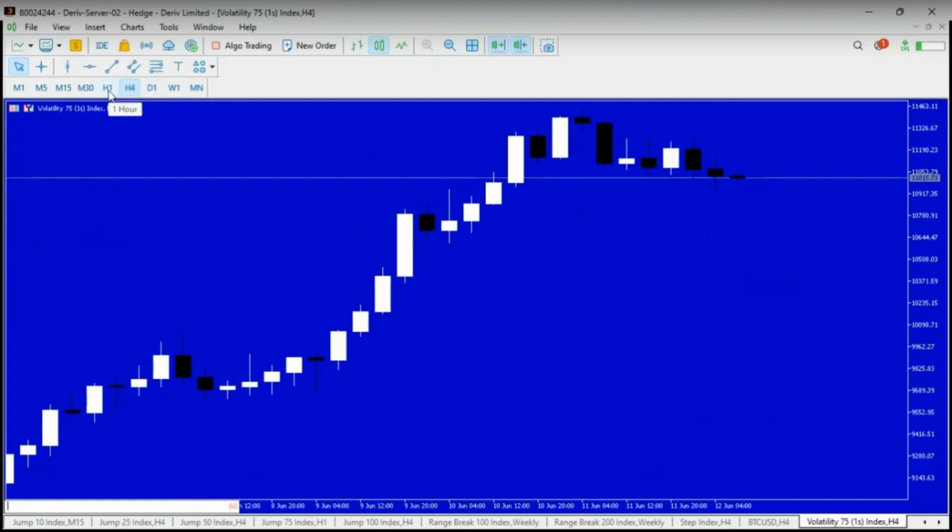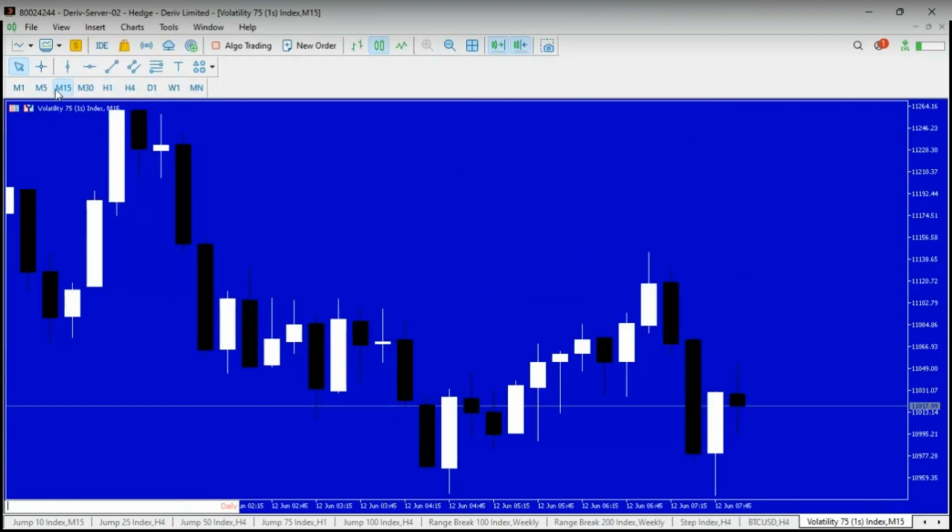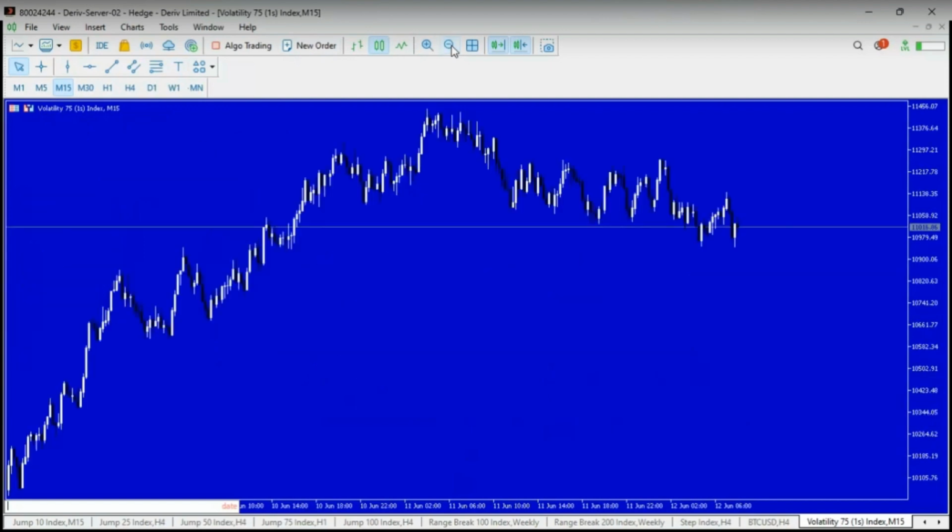Going down with our time frame, our H1, again, as you can see, there's a tug of war going on there, and then going down with our time frame M15. Let me just zoom out and see what is actually happening. As you can see, we are selling.